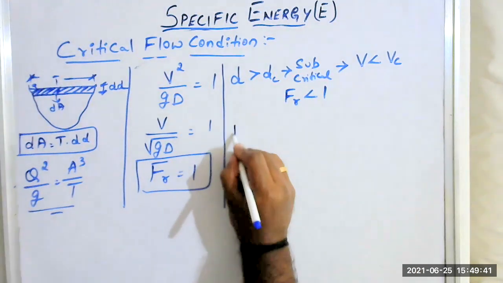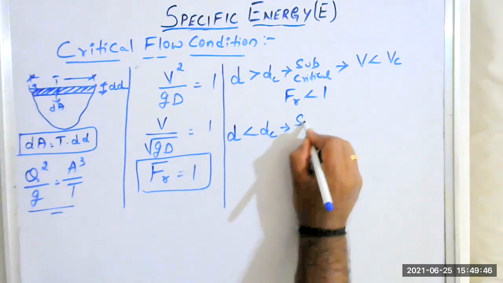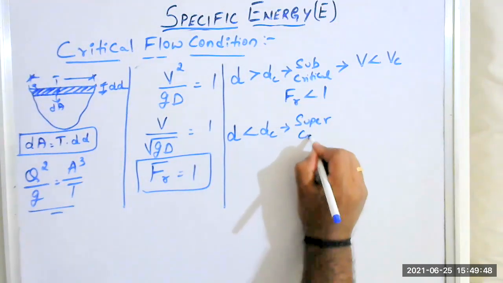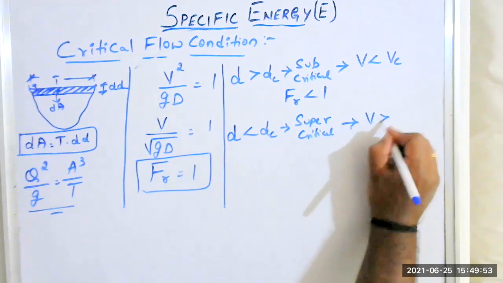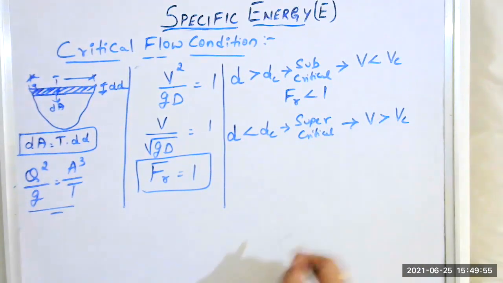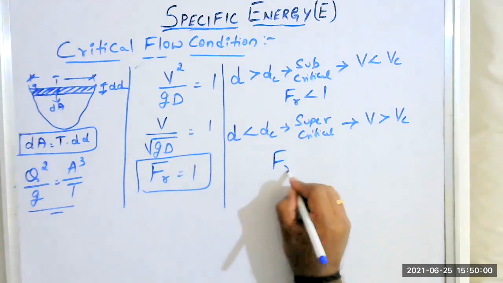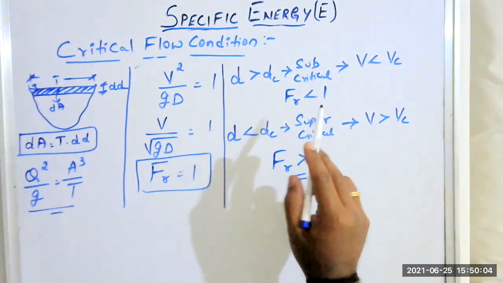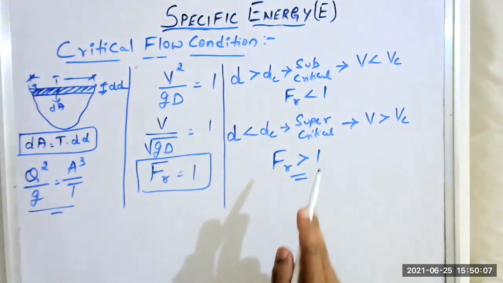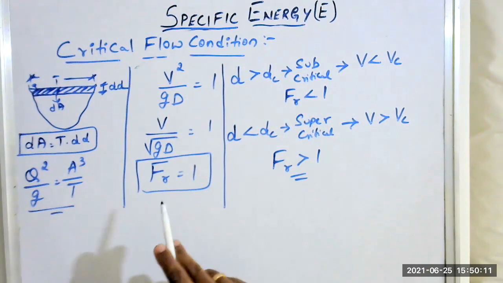Similarly, if the depth of flow is less than the critical depth, the flow is called supercritical flow. For the supercritical flow, the velocity is greater than the critical velocity Vc, so Froude's number is greater than 1. For subcritical flow, Froude's number is less than 1. For supercritical, Froude's number is greater than 1. If the Froude's number is equal to 1, then the flow is called critical flow.